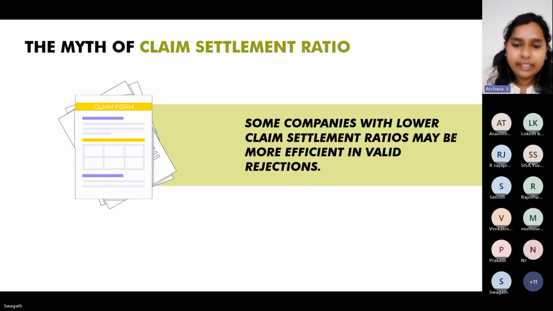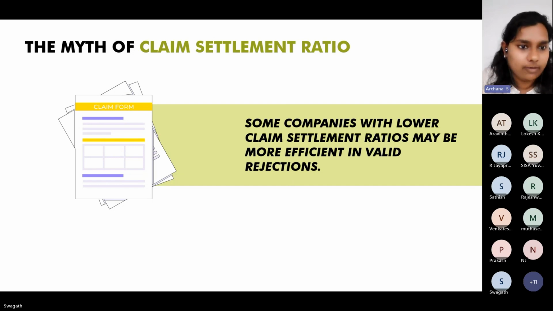It is very important to understand that it will not give you any information about an insurance company's claim experience or the speed at which you can get the claim. So how do you judge a company when an insurance company is doing its job by rejecting the wrong, invalid claims?